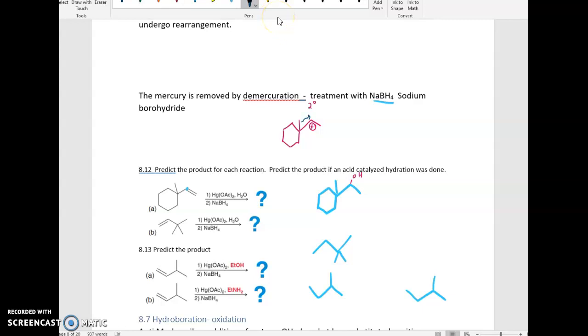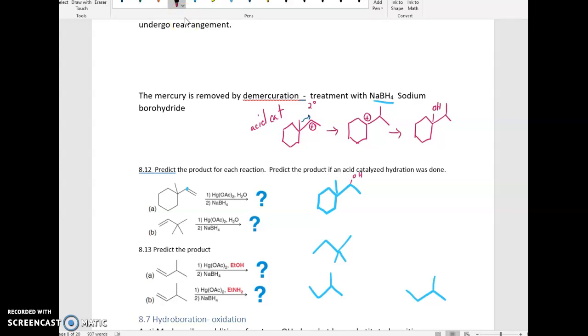That methyl group would have moved over, and we would have gotten this, and finally the hydroxy would have ended up at this position if we had done acid catalyzed. So if we want the hydroxy where we want it, then we have to use the mercuration demercuration method.